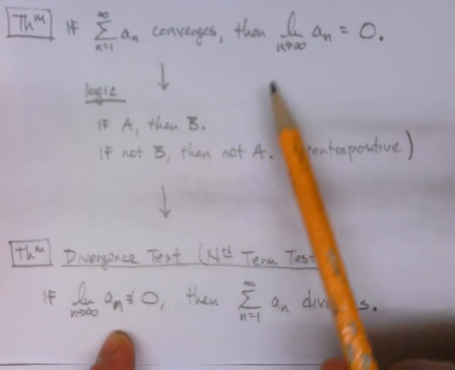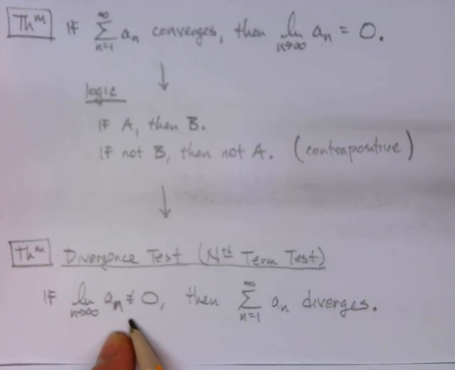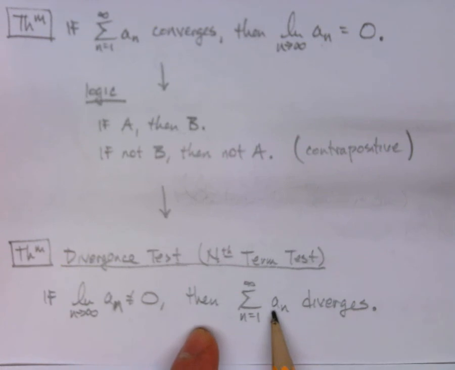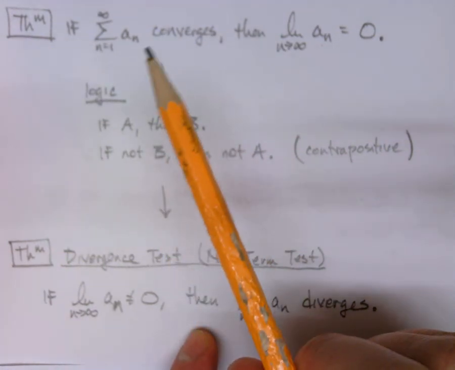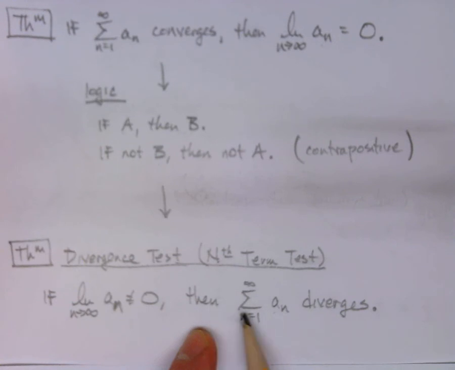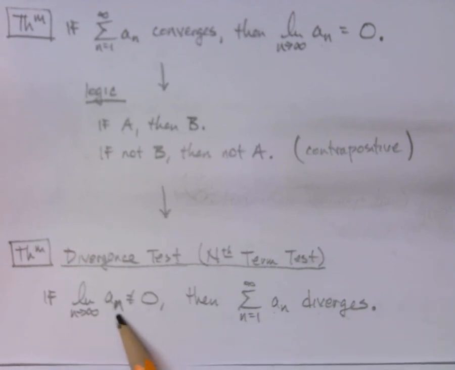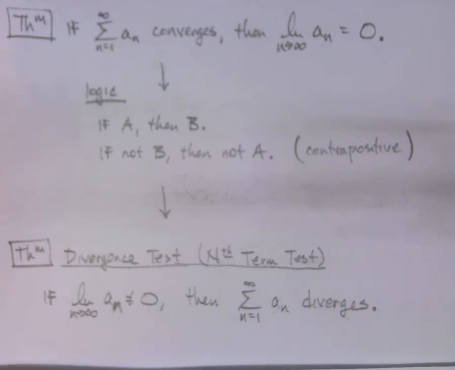If not B, so if that limit does not equal 0, then not A. Well, if the series does not converge, then we'll just say the series diverges. So if the limit does not go to 0, then the series diverges. If those terms are not getting smaller, then we know for certain when we add all of them up, it's either going to be infinity or negative infinity.